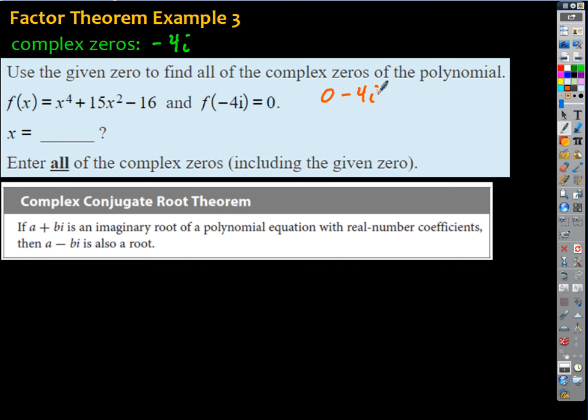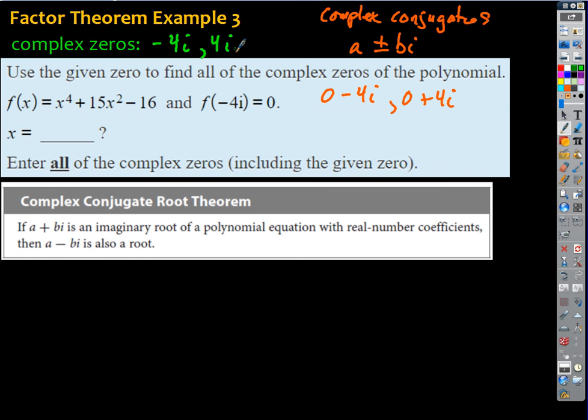Because complex conjugates are always in the form a plus or minus bi, right? So we get 0 minus 4i and 0 plus 4i. Well, we don't write 0, we'll just write that as 4i, right? So there's two of them.